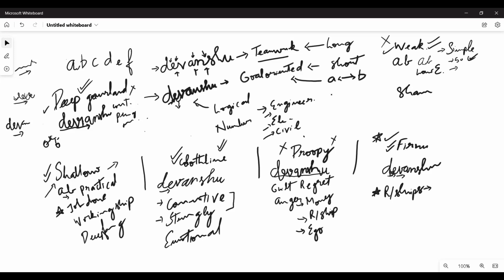And then we have this thing called sham garlands. Okay, sham garlands का क्या होगा? I'll just check from my notes.